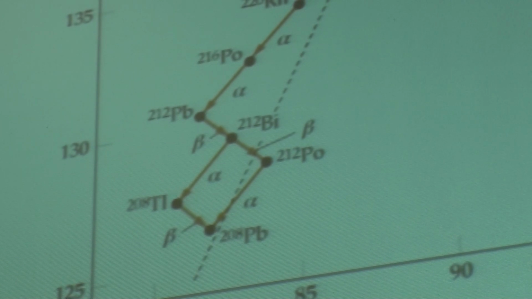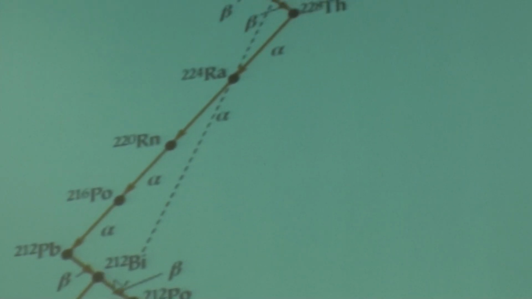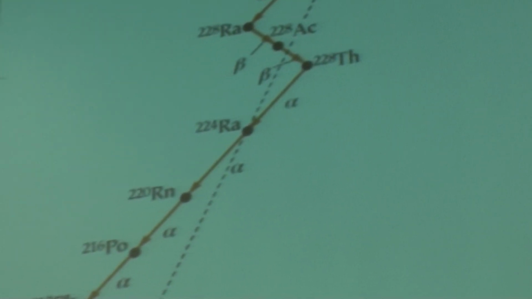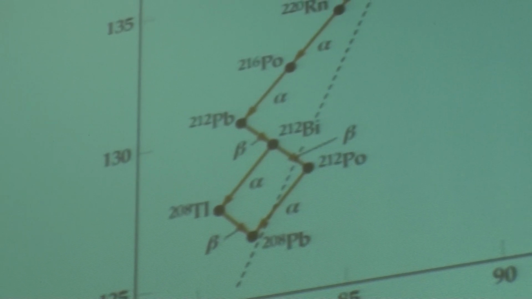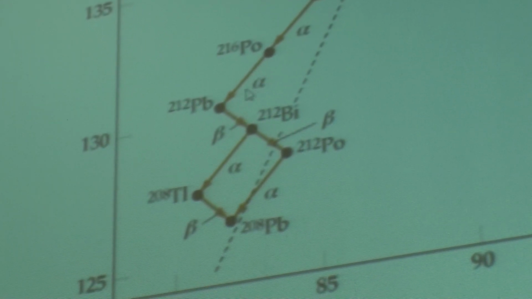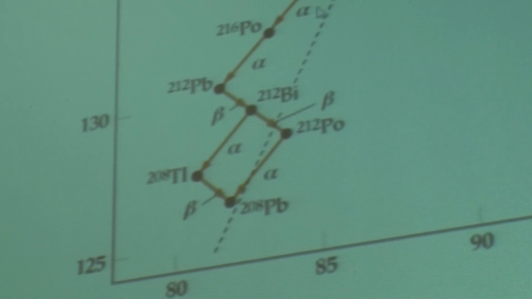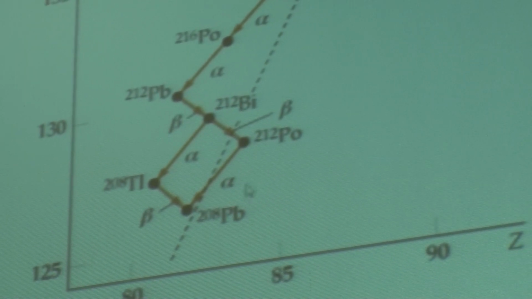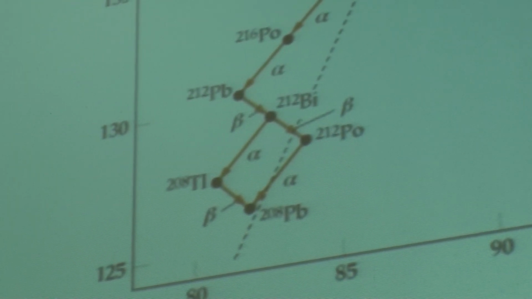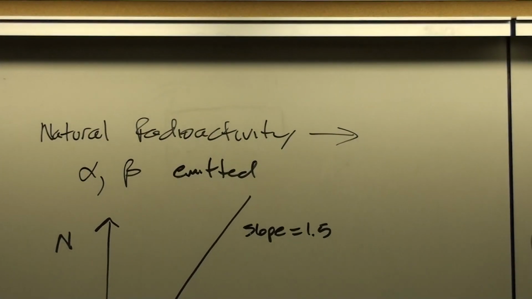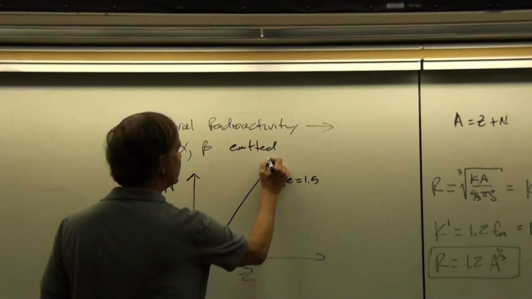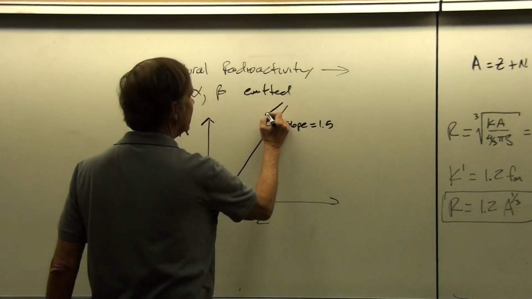And so what we tend to get then in a natural radioactive sequence is a whole series of these alpha and beta decays that try to keep the element fairly close to the optimum line that corresponds to the slope of 1.5 in our N versus Z curve. And so small particles are emitted, and so it tends to work along this path.